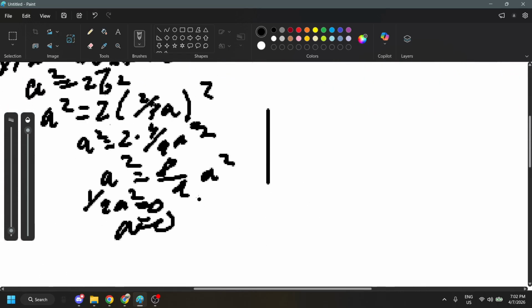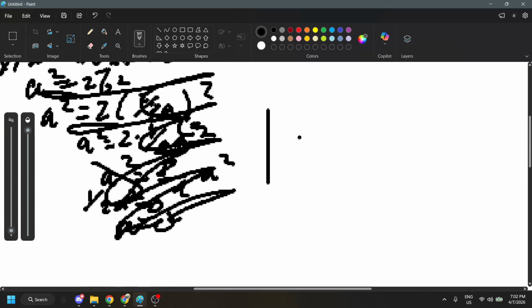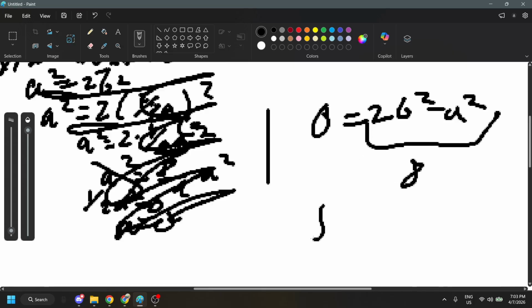Maybe we're just moving everything to one side, so if we cross out what we did here and go back here, we say 0 is equal to 2b squared minus a squared. I'm going to say it's like that. So then this is actually 8. So 8 is equal to 2b squared minus a squared. Here are two systems of equations.